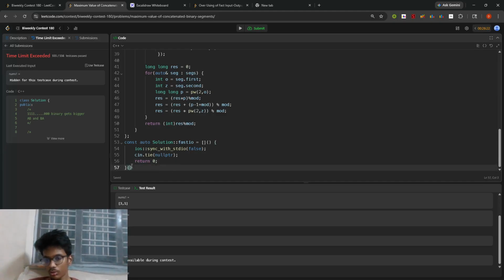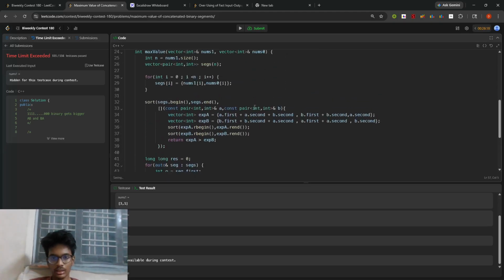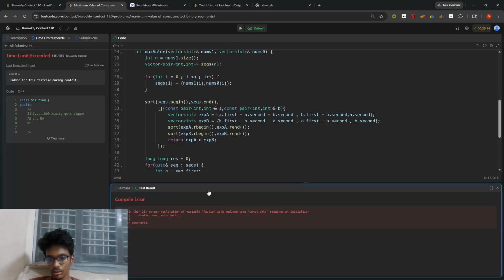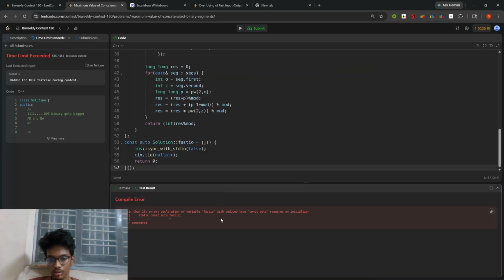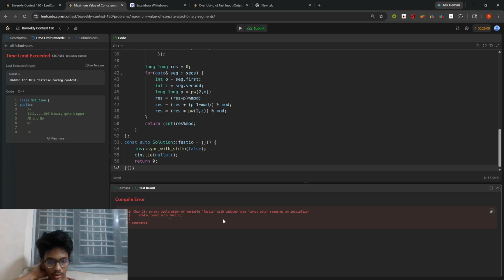I don't even know if it would work or not, because LeetCode's backend is highly optimized. Fast IO with deduced type constant requires an initializer.